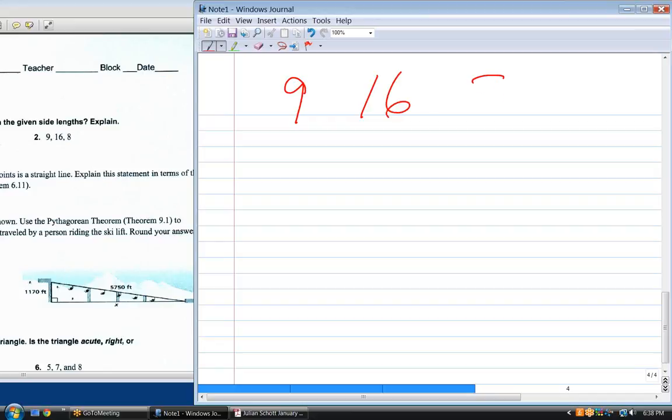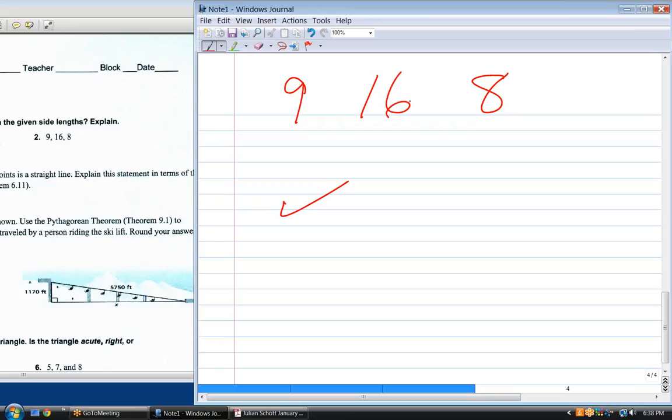9, 16, and 8. Let's go through them one at a time. Does 9 pass both rules? Yes. Does 16 pass both rules? Which rule might it fail? 16 has to be less than the sum of the other two, which is 17.